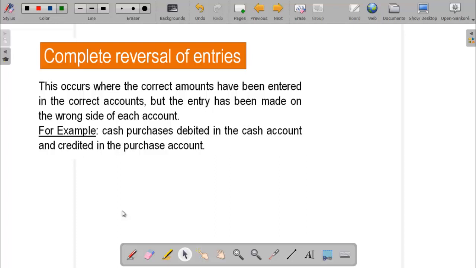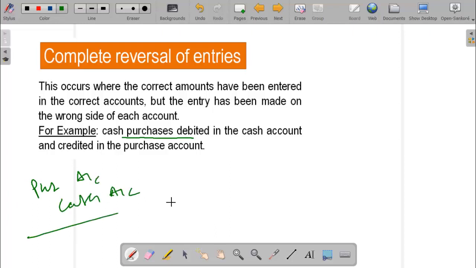One example is given: cash purchase debited in the cash account and credited in the purchase account. Whenever there is a cash purchase, what entry do we pass? Purchase account debit, cash account credit, isn't it?